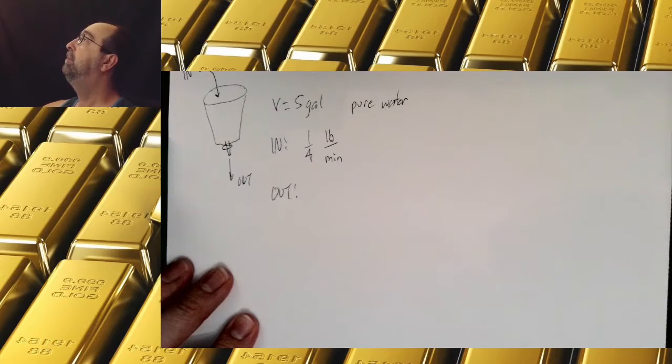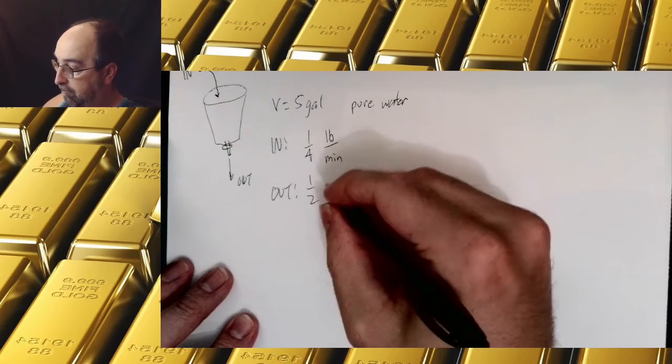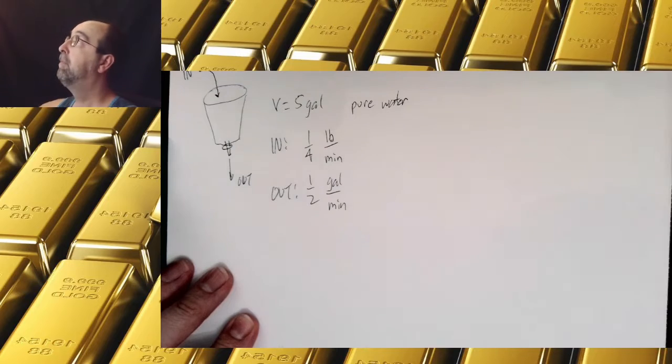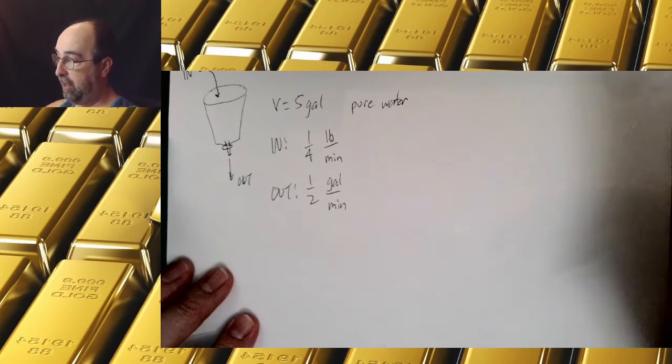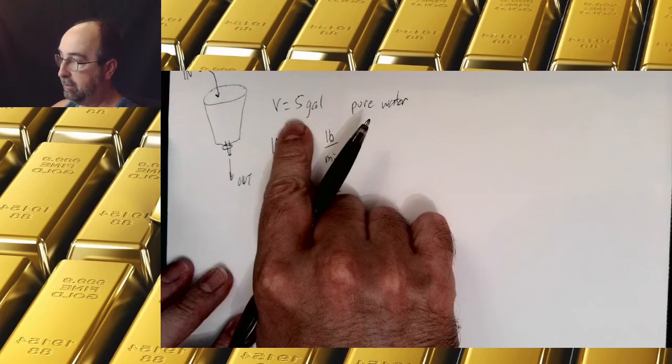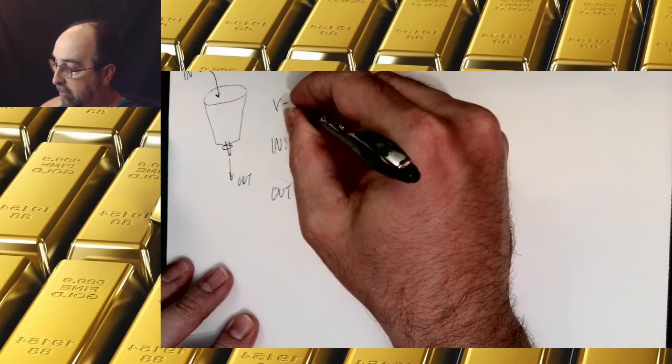What does it say? 1/2 gallons per minute leave the bucket. But we add pure water to keep the bucket full. So at all moments in time, the volume of the mixture is 5 gallons.